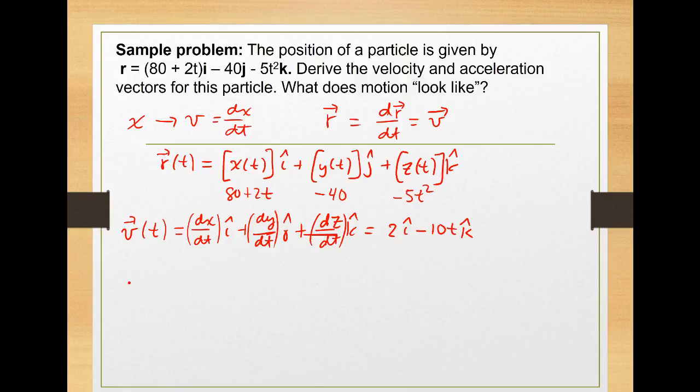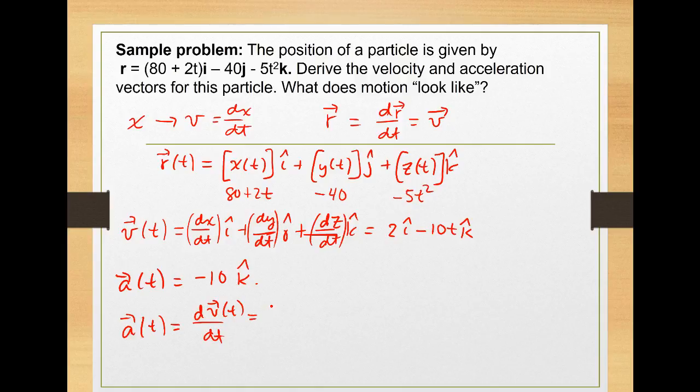Okay, then we can further find the acceleration, and this is going to be just simply negative 10 k hat. Okay, so now that we have this, we can try to think about what this is describing. And by the way, a of t is just the derivative of v of t.